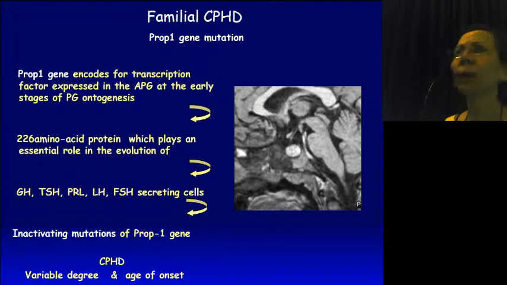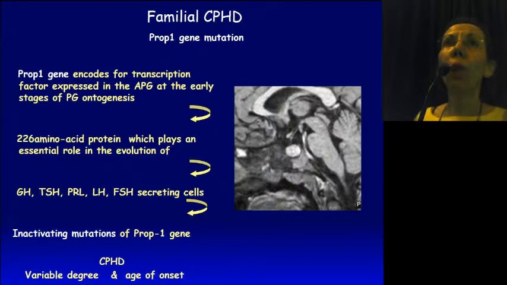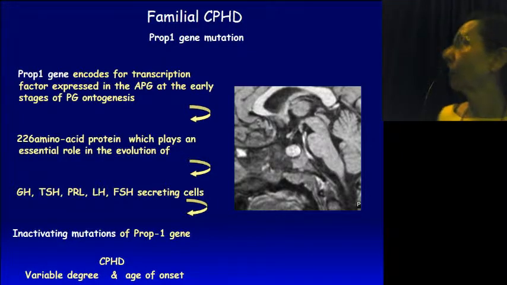This is something that was discovered relatively recently, and the PROP1 gene is very important because it encodes transcription factors expressed in the anterior pituitary gland. This gene is responsible for all cells of the anterior pituitary gland.